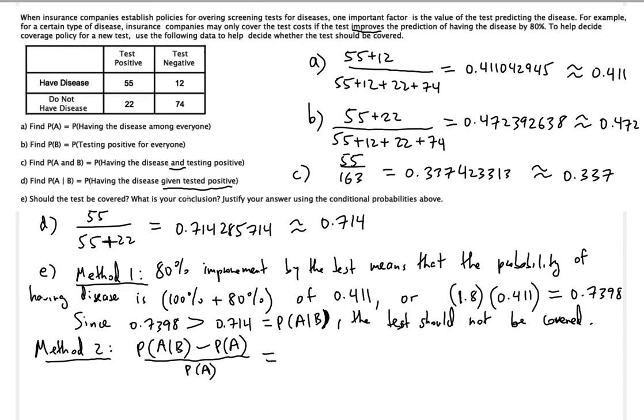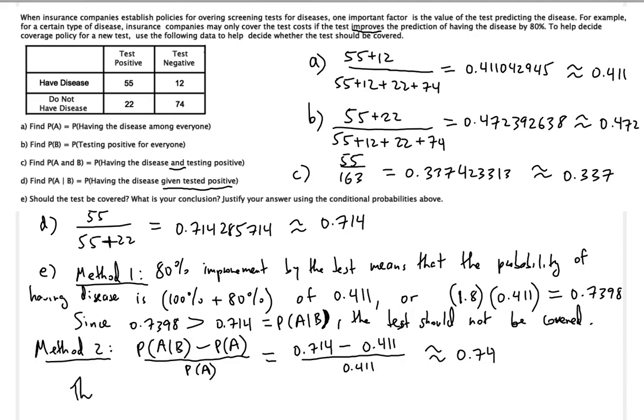If we substitute all the numbers, we should get the part D probability, which was 0.714, minus the general probability of having the disease. That would be 0.411. And you divide that by the general probability. What this should give you is about 0.74. Now notice what this means.